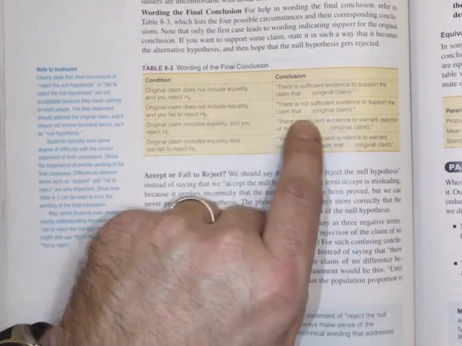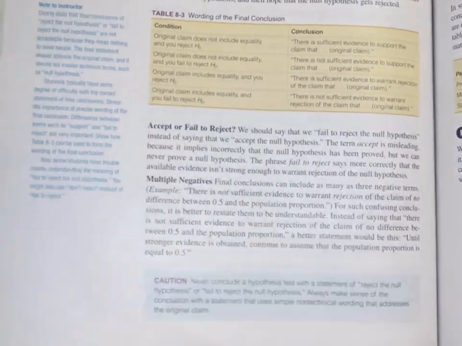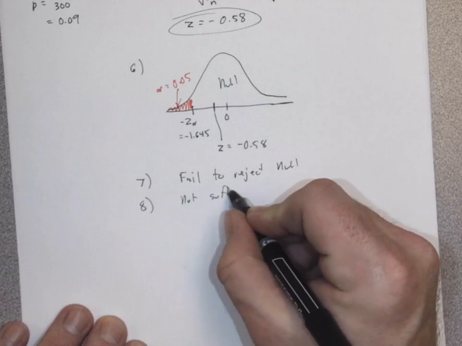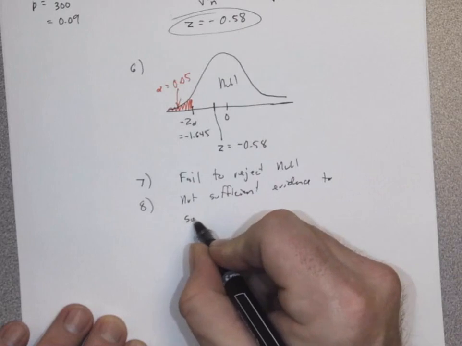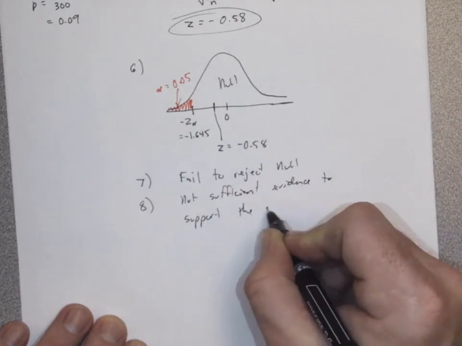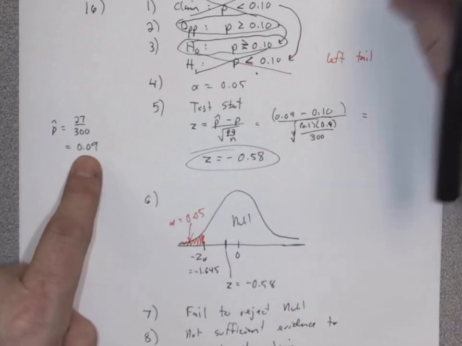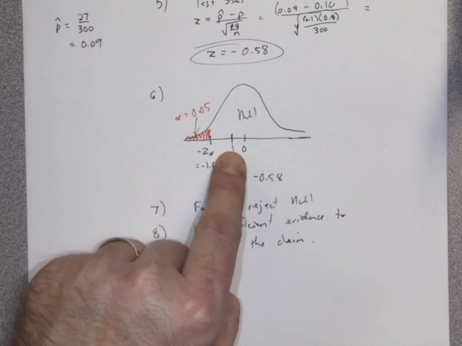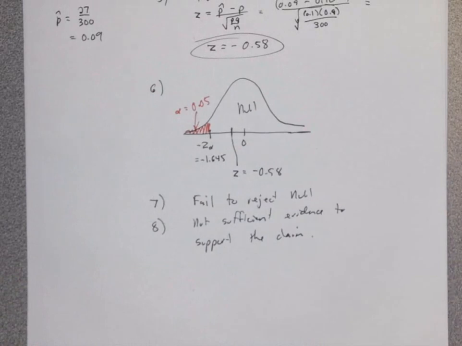So we're number 2: there's not sufficient evidence to support the claim. Remember what that means: we already know that 9% was less than 10%, but it's not small enough. It's smaller, but not small enough to consider not statistically equal. So that's why there's not enough evidence to support the claim. And that's it.